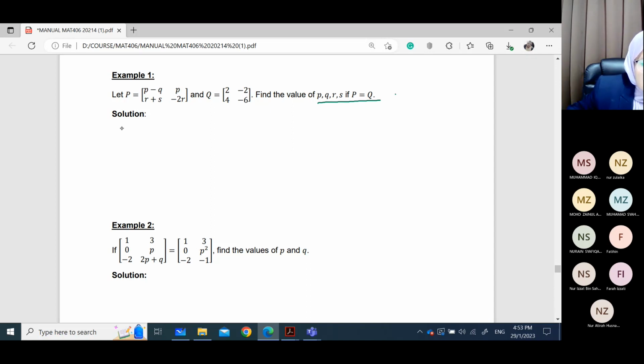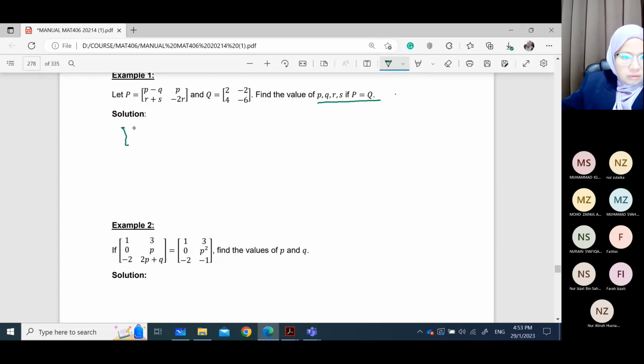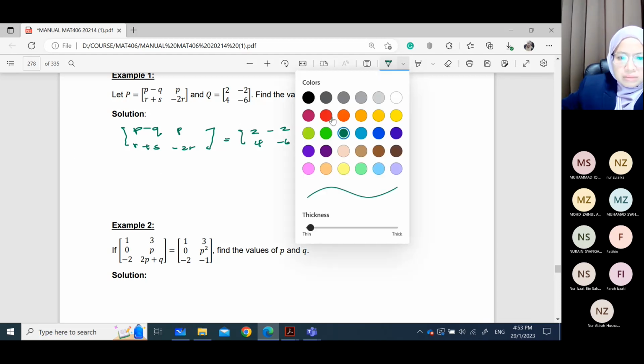So here we can say that the matrix for P minus Q, P, R plus S, negative 2R, equivalent with this matrix 2, negative 2, 4, negative 6. Okay. So dia punya elemen adalah sama.